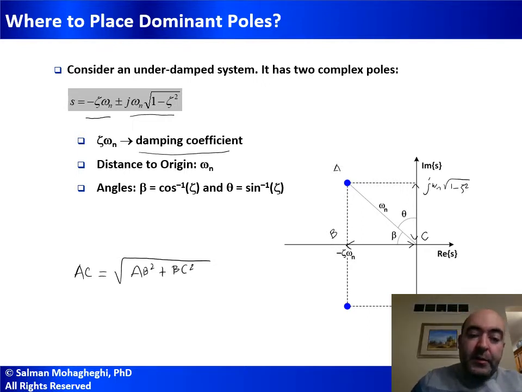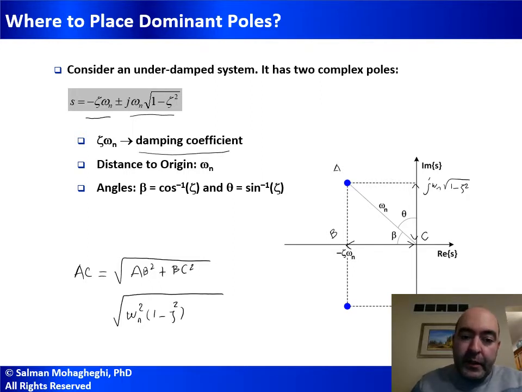And if I plug in those values, AB is going to be square root of omega n squared times 1 minus zeta squared, and then BC is zeta omega n. So we have zeta squared omega n squared, and if I simplify this, AC is going to be omega n.